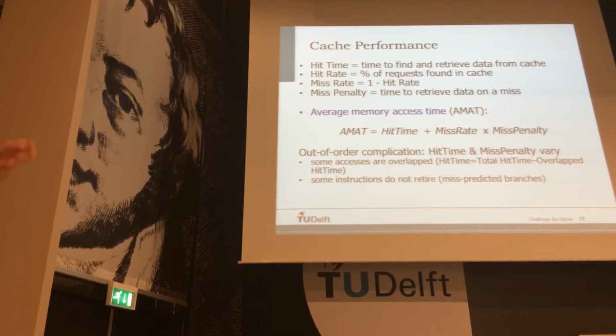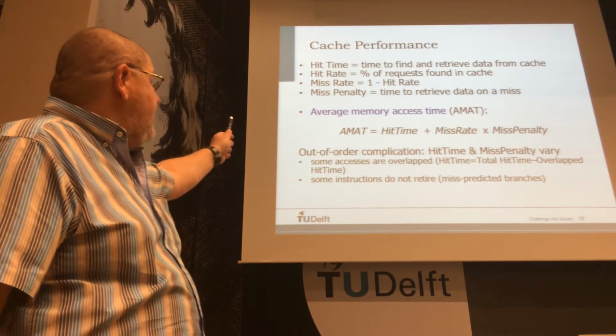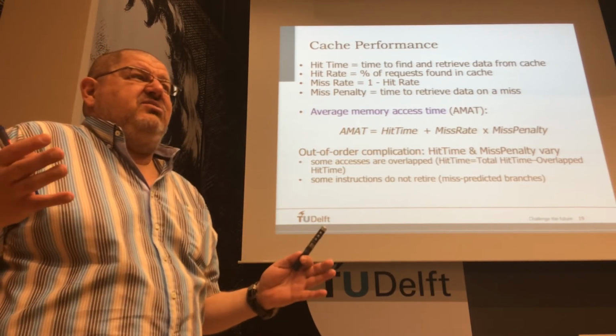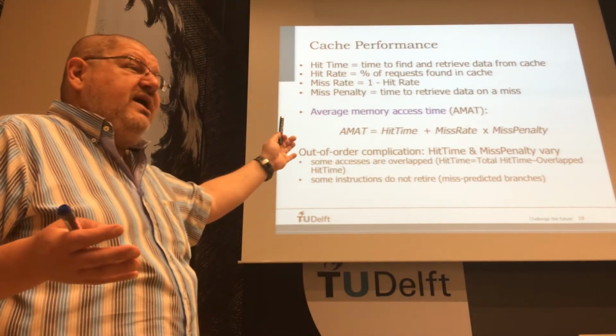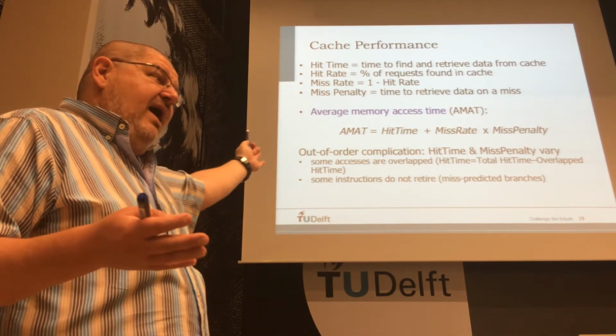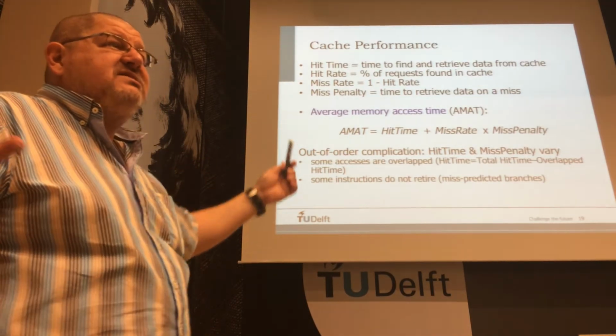This will tell me something about the performance, and what I would ideally love is that the average time is equal to the hit time. That's a good system. If I have a small miss rate or a small miss penalty, my average gets close to the hit time access.